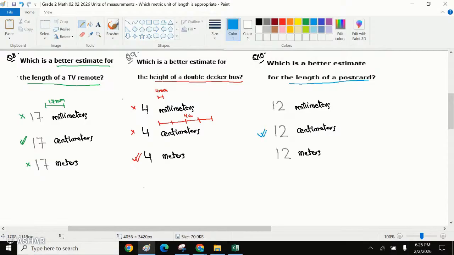Very good, Precious. No, 12 millimeters would be this big. 12 millimeters is too small, right? And 12 centimeters would be something like this. But 12 meters would be the length of 3 cars.